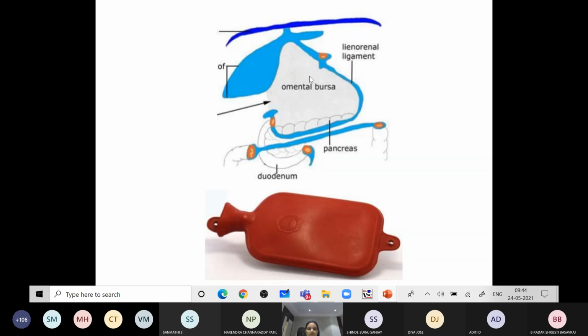This is the upper margin, lower margin, left margin, right margin, and this is the posterior surface. The right margin in the upper part is open. There is the epiploic foramen through which the greater sac is connected with the lesser sac. Below that we have the transverse colon and mesocolon.